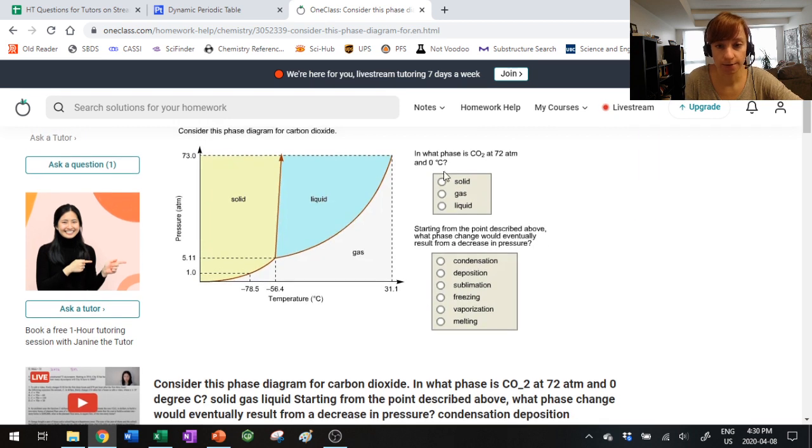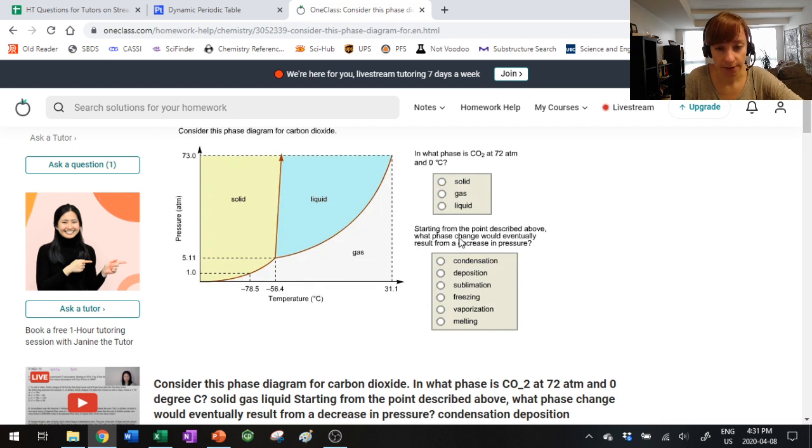So the question asks, in what phase is carbon dioxide at 72 atmospheres and 0 degrees Celsius? So if we go to 72 atmospheres, it's pretty much at the top on the y-axis. If we go to the x-axis and find 0, which is probably around here, go up to the top. So the phase that CO2 is in at 72 atmospheres and 0 degrees Celsius is liquid.